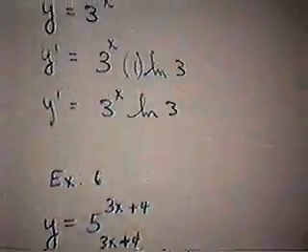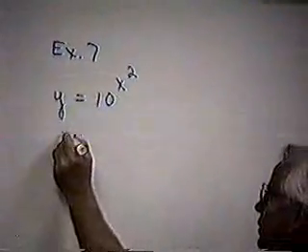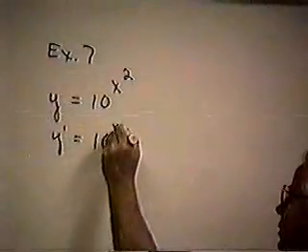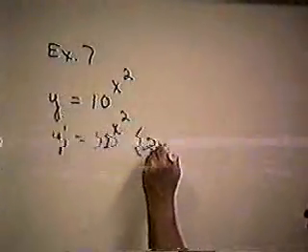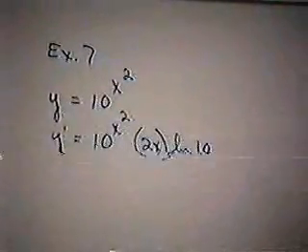Okay, next example. Number 7, y prime equals, derivative is itself times the derivative of the power, tag on the log of 10.